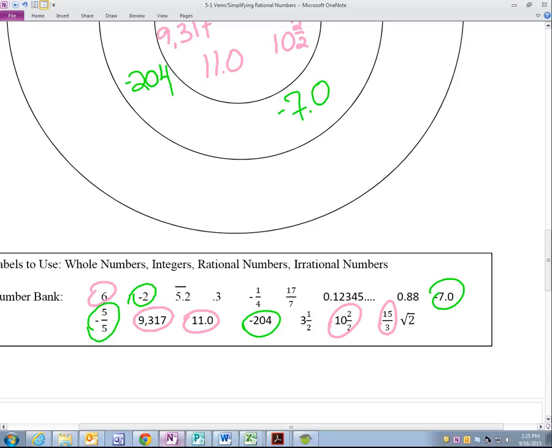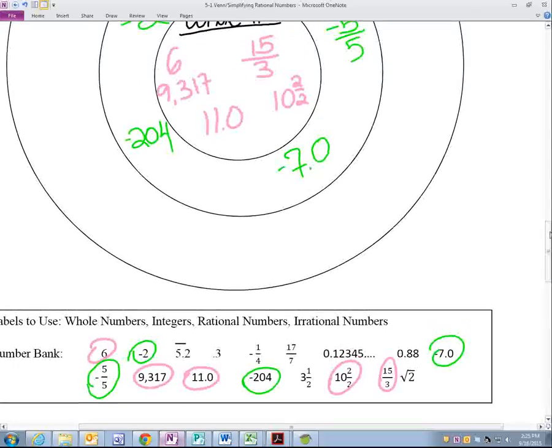We forgot a whole number. Oh, wait, no, we didn't. Weird. We'll get to that. All right, that is all the negative numbers.